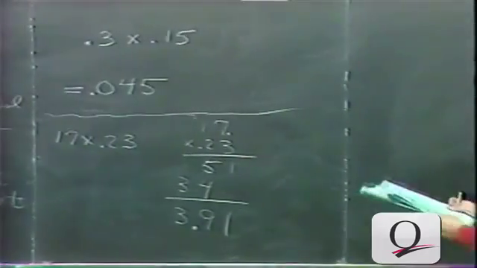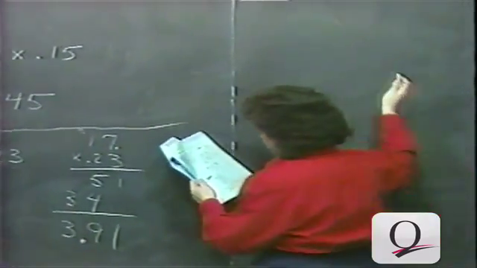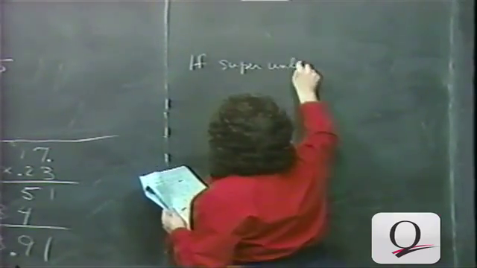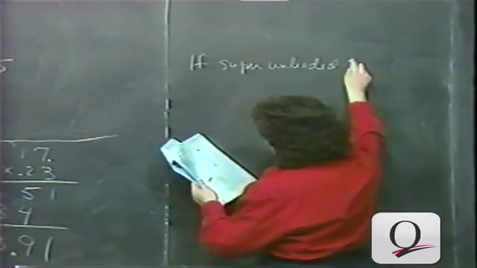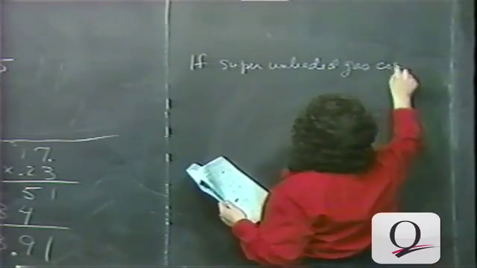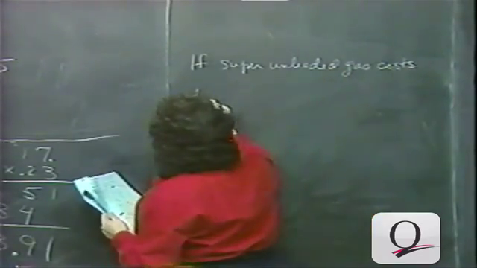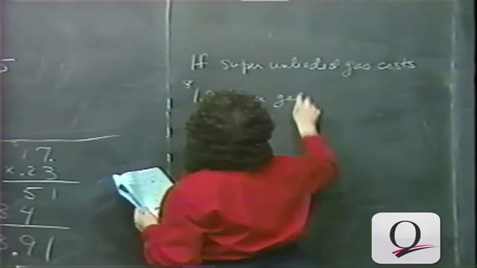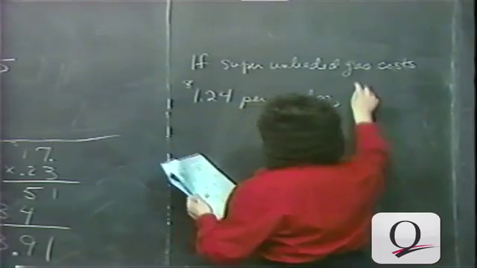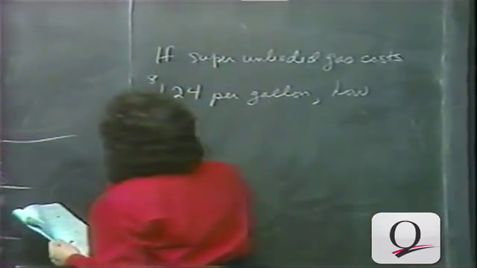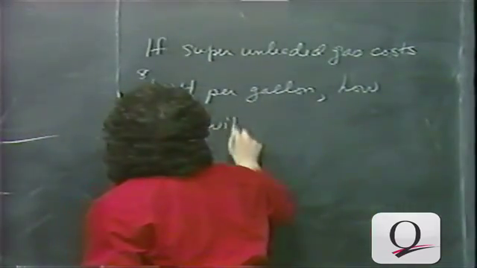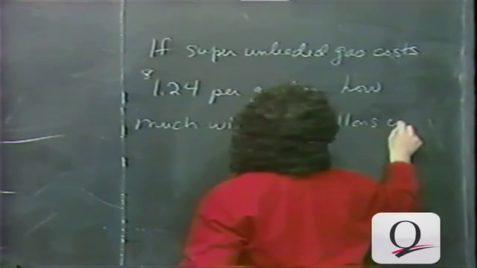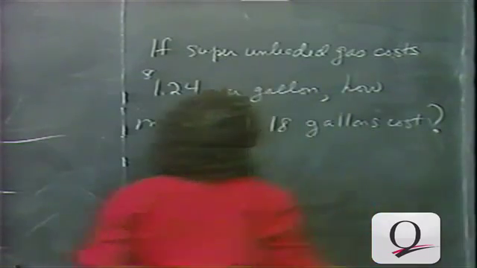Let's try a word problem now for multiplying decimals. If super unleaded gas costs $1.24 per gallon, how much will 18 gallons cost?